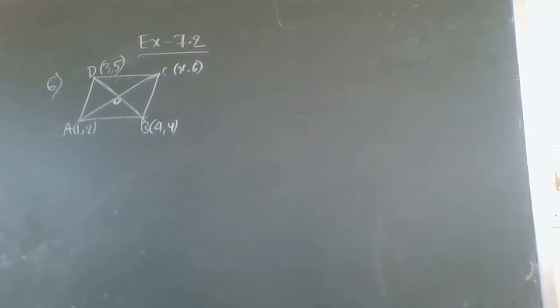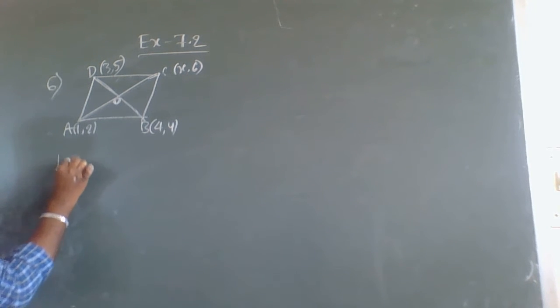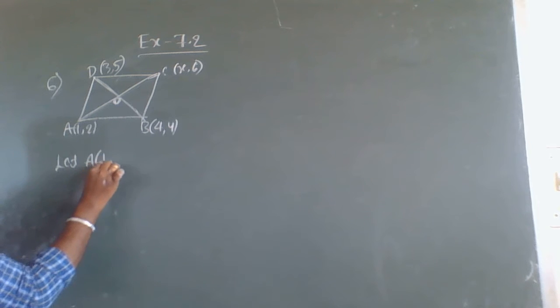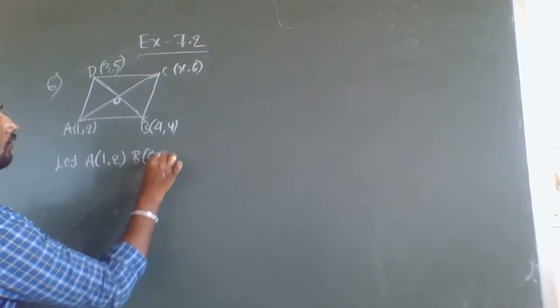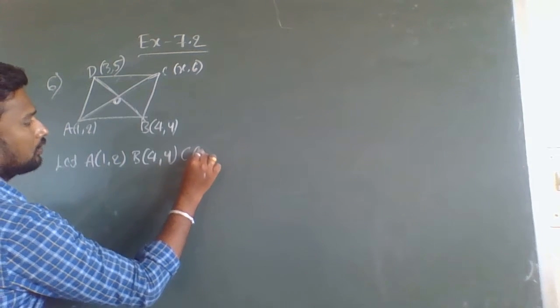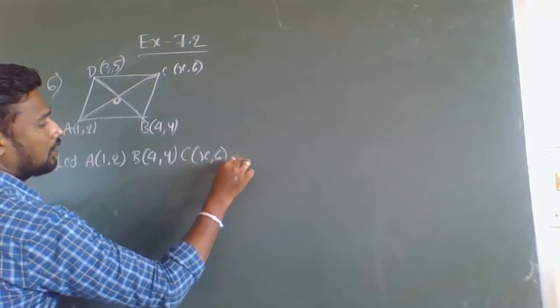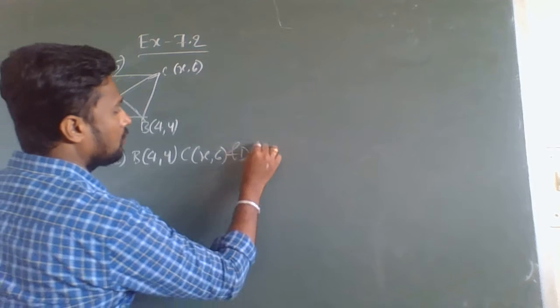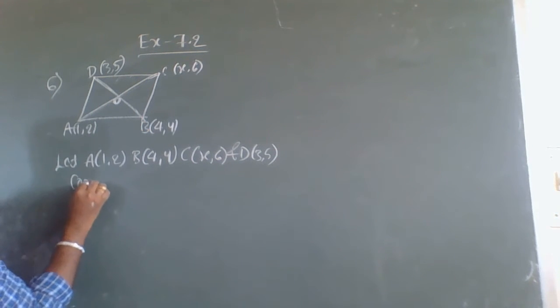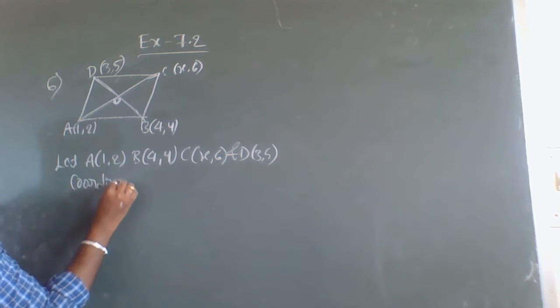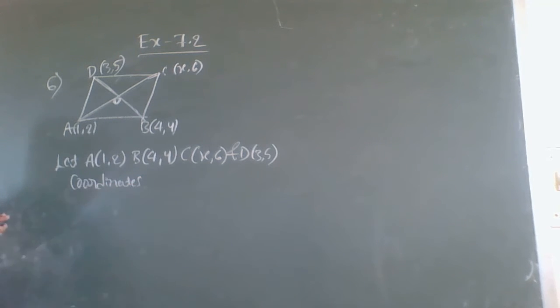So now here we will write, let A of (1, 2), B of (4, y), C of (x, 6) and D of (3, 5) coordinates. These are the coordinates of parallelogram.